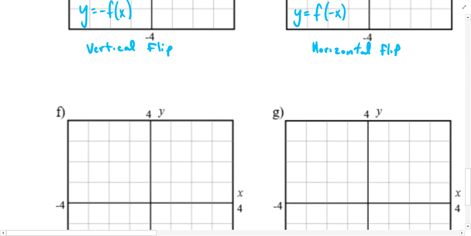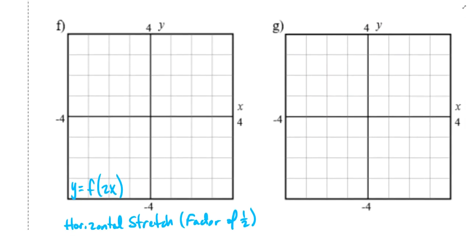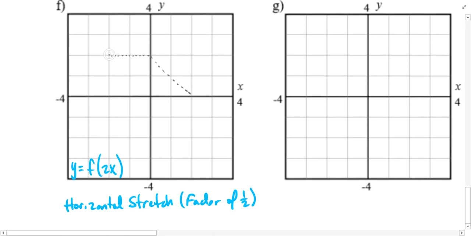So back to this example, part F, if our parent function was in this shape, then the transformed function has to be half as wide. Instead of having an x value of -2 here, instead we'll see an x value of -1. That's half of 2.